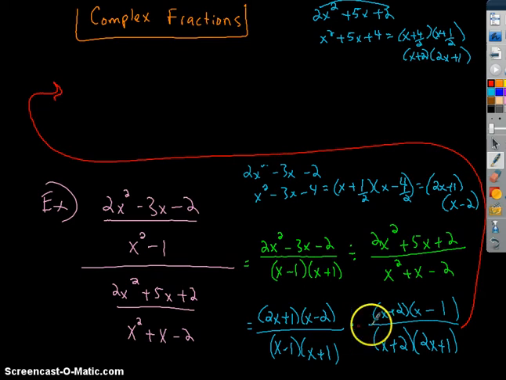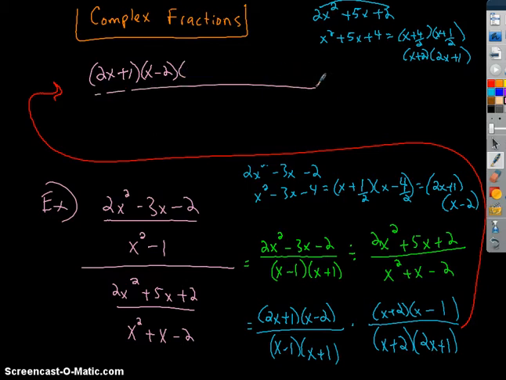So after I multiply these things, I should have as a numerator 2x plus 1 times x subtract 2 times x plus 2 times x subtract 1.